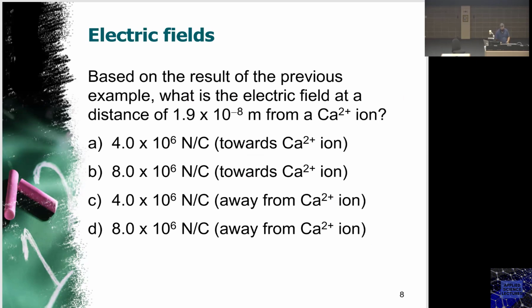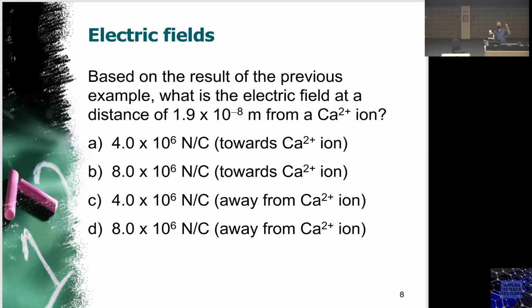Now, based on the result we've just achieved, what is the electric field at a distance of 1.9 times 10 to the power minus 8 meter from an ion that has an equivalent charge of 2 protons? Which one do you think is the correct answer? A, B, C, or D?